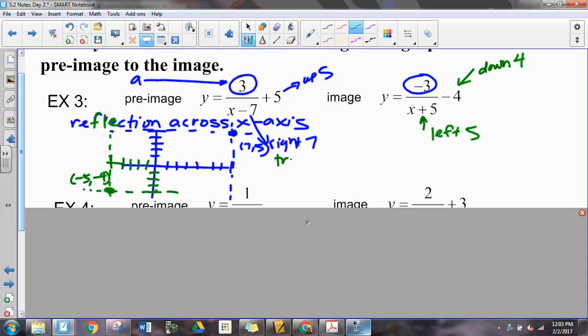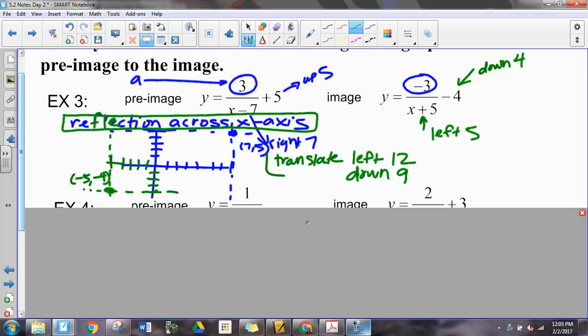So translate left 12, and then we went from 5 down to -4, so that would be down 9. So the reflection piece and the translation piece is all of our transformations to move from the pre-image to the image.